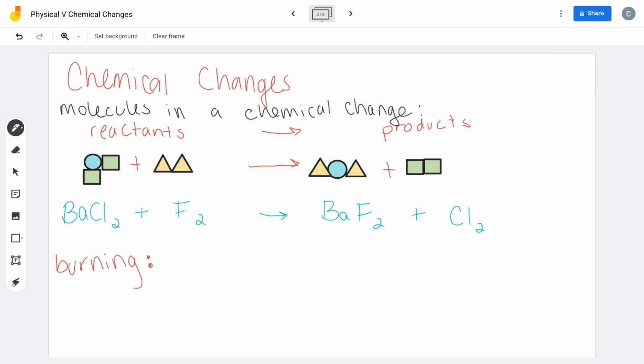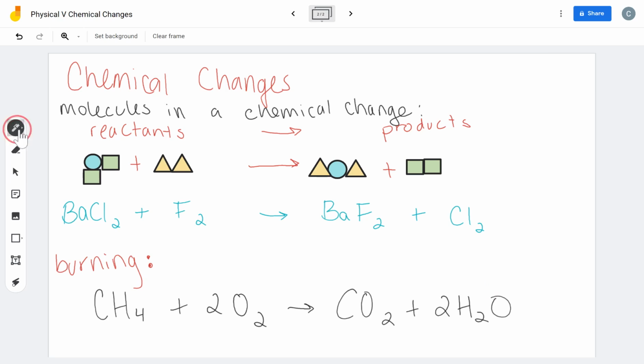So if I were to like burn a piece of paper and I can't undo that. So this is an example of a combustion reaction. So remember we said they're also called combustion. But notice how everything on the reactant side, you do not see that again on the product side. You do see the same elements, but they're rearranged and they're in completely new and different molecules.